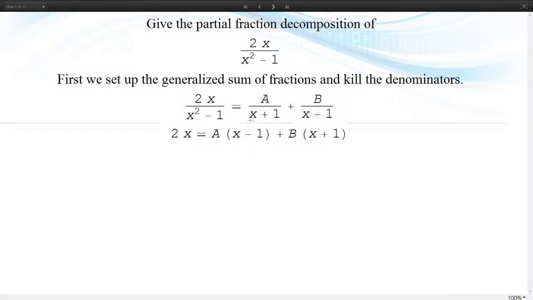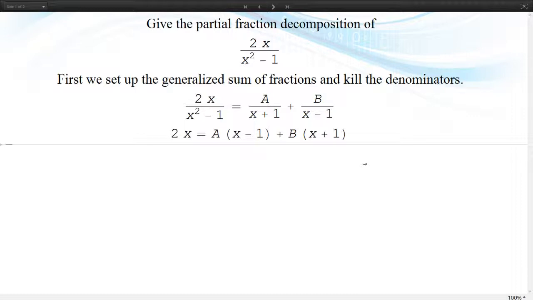So the x plus 1 term cancels on the a, leaving just a times x minus 1. And likewise, we have b times x plus 1 because the x minus 1 canceled with the denominator of this second fraction. So that's our first step. And we're going to just call this setting up the problem from now on.